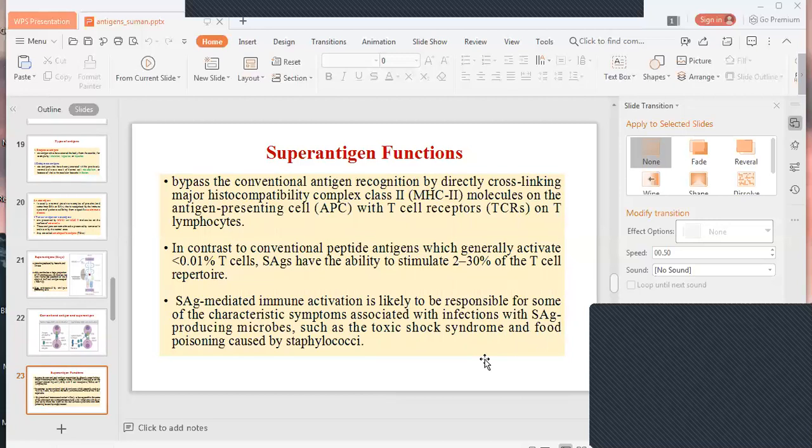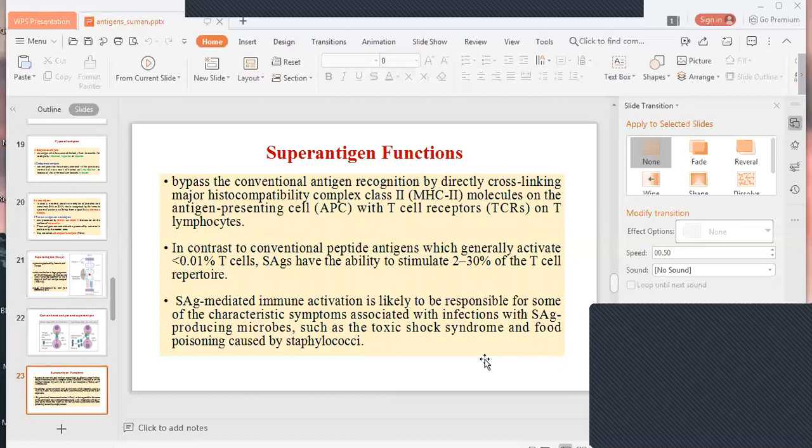So bypassing the conventional antigen recognition and directly cross-linking with MHC2, there is no function of the antigen presenting cell. Hence they are termed as superantigens.